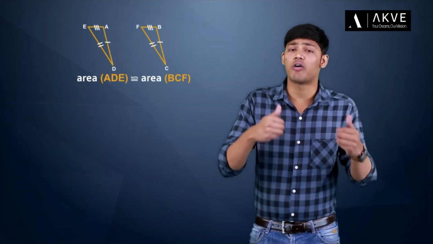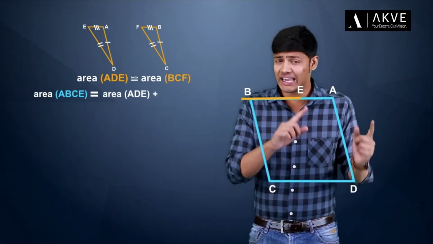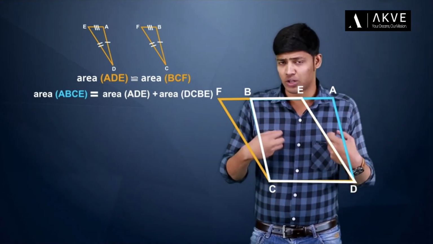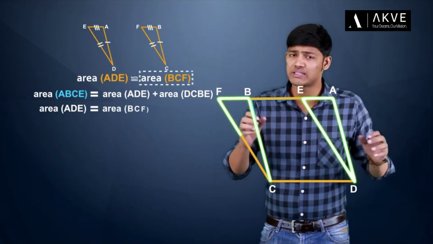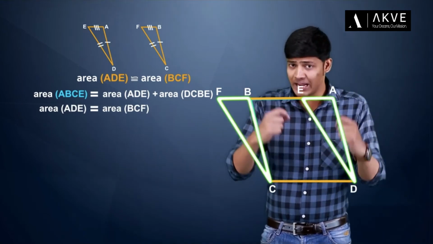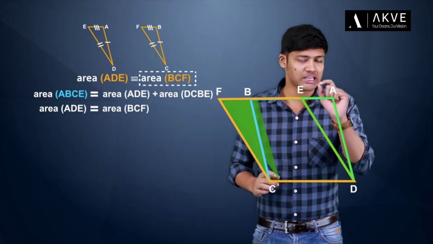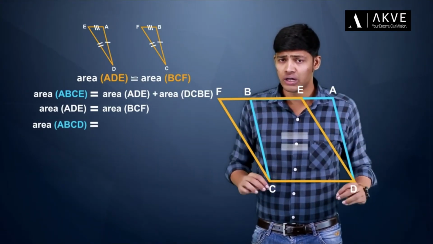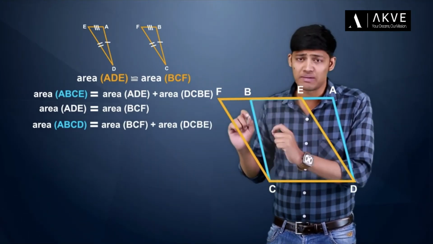Now, the area of the parallelogram ABCD is the sum of the areas of DAE and DCBE. We just proved that area of DAE is equal to area of BCF since both those triangles are congruent. So, we can replace the area of DAE by the area of BCF. So, the area of ABCD is equal to area of CBF plus area of DCBE.